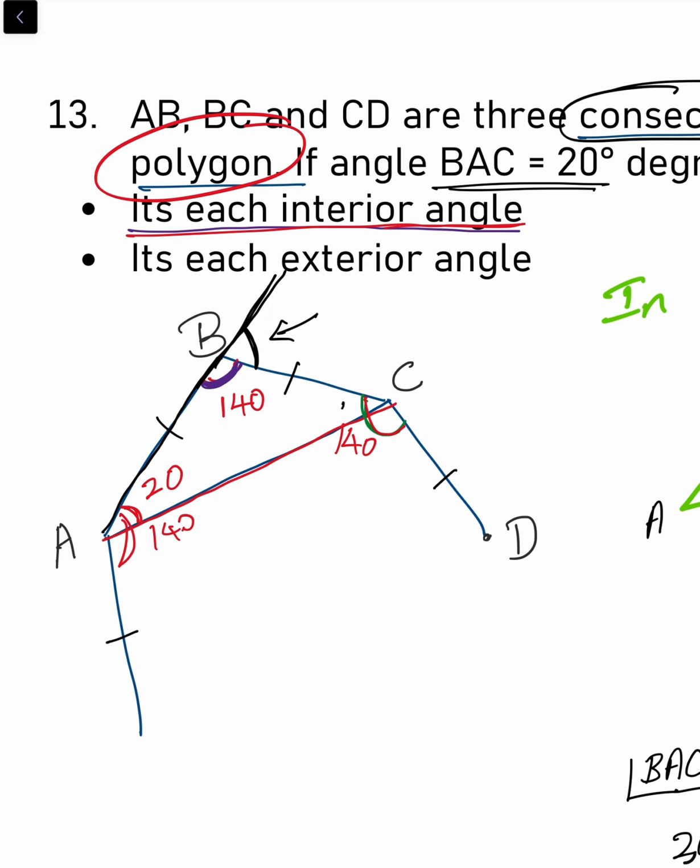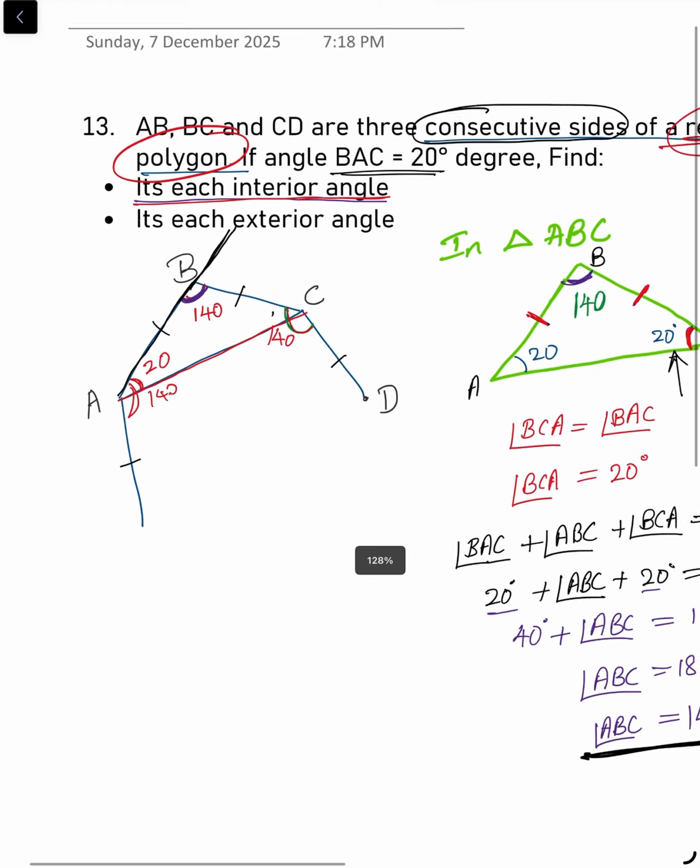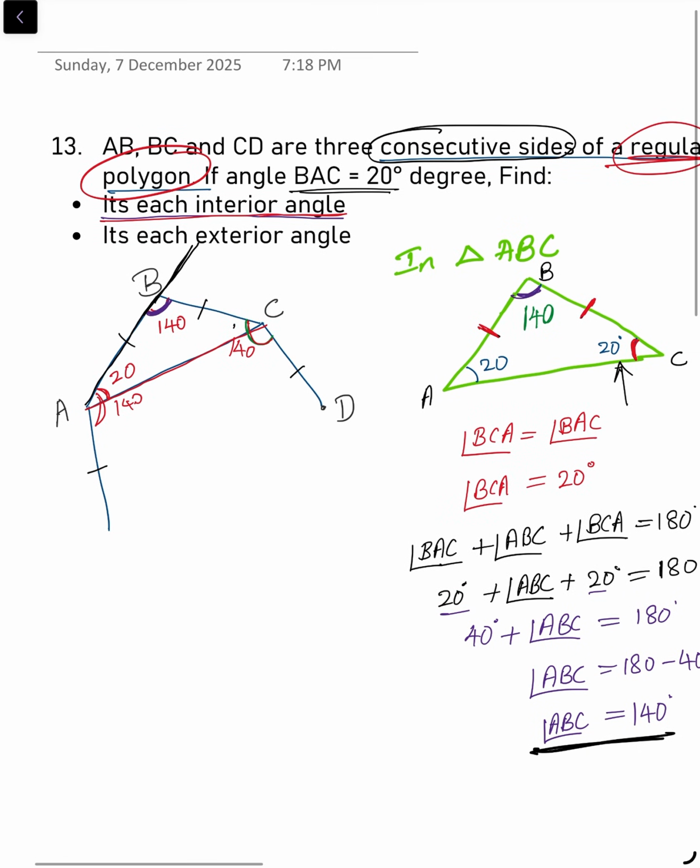I'm not talking about the complete angle. I'm talking about this interior and exterior angle. If I add them together, it is going to be 180 degrees, because it's a linear pair. In that 140 degrees, what we are finding is this outside angle. This is called the exterior angle. Give one name if you want. That is P. You take the PBC. PBC is the exterior angle.